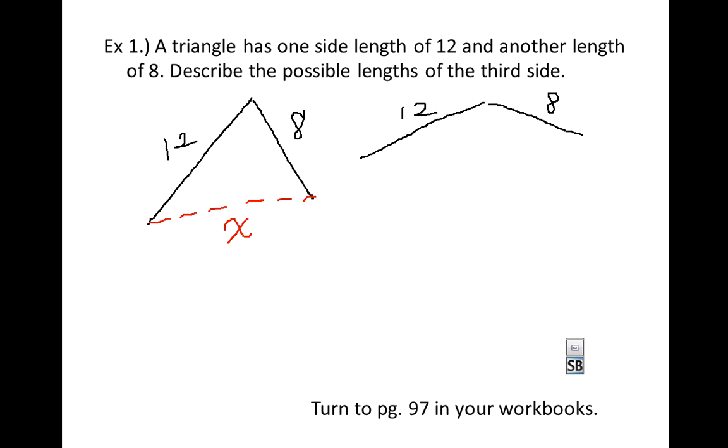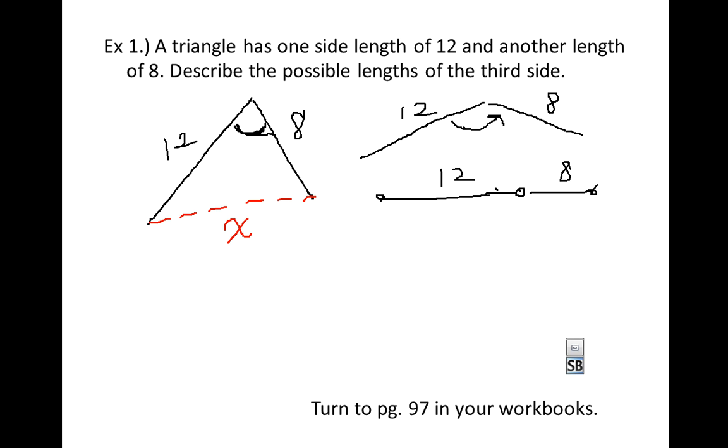Do you see how I made this initial angle bigger, into more of an obtuse angle? And the more I stretch it out, if this was 12 and this is 8, a triangle is not even formed anymore. It becomes just a straight line.